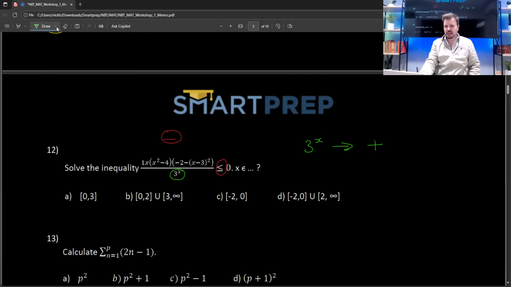Anytime you see an x in the exponent, that means this whole thing is positive. It can never be negative. If you see something squared, that's always going to be positive. So here, this is positive.